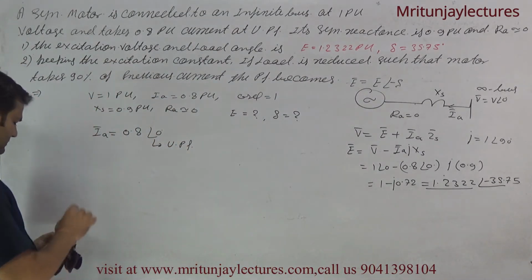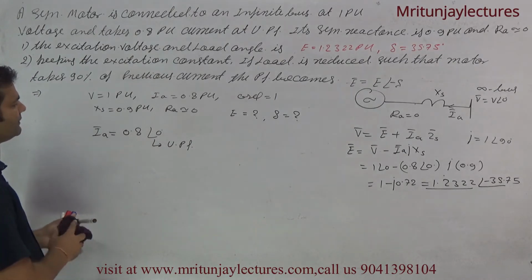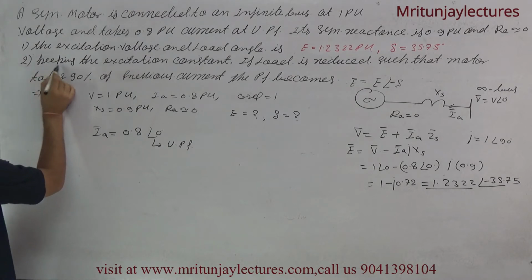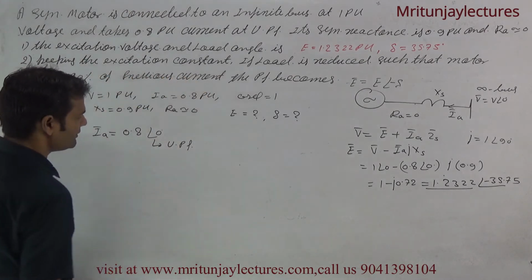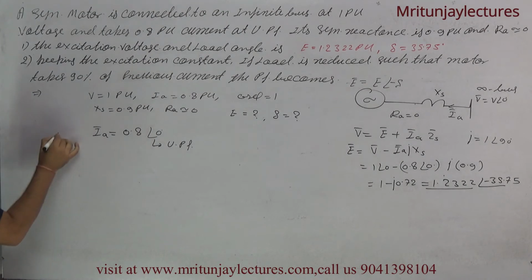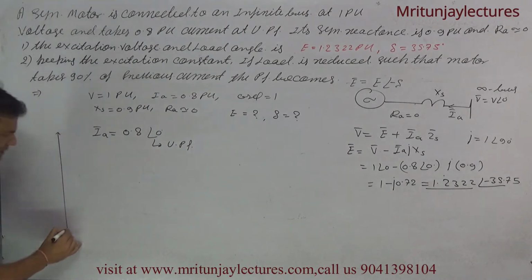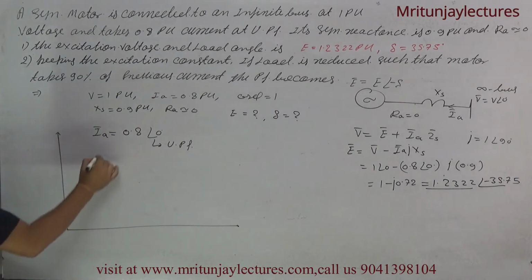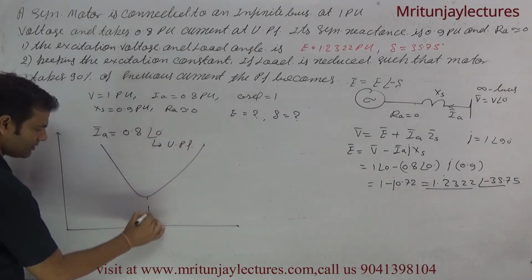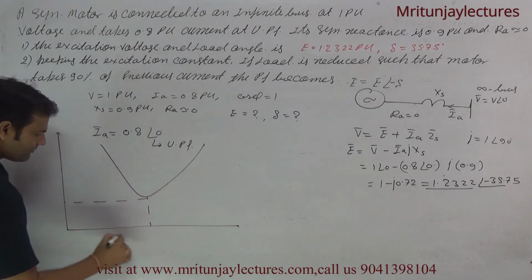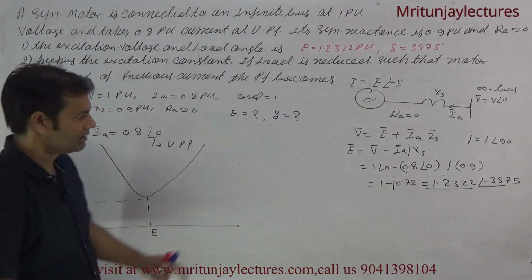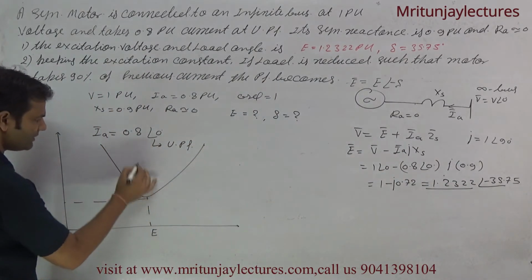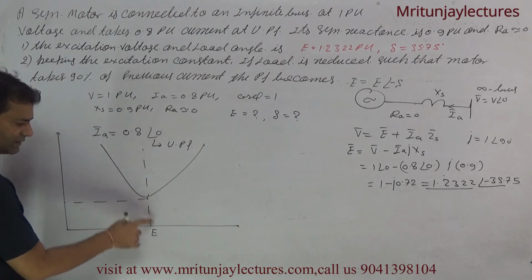First option is completed. Now another way. Keeping the excitation constant, first of all make the corresponding V curve, that is E versus Ia, at unity power factor.